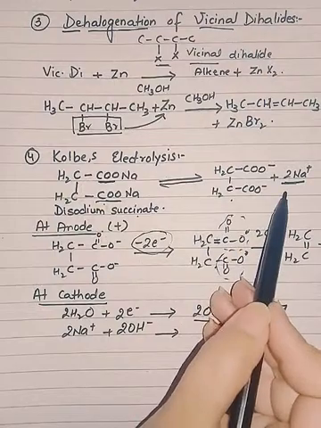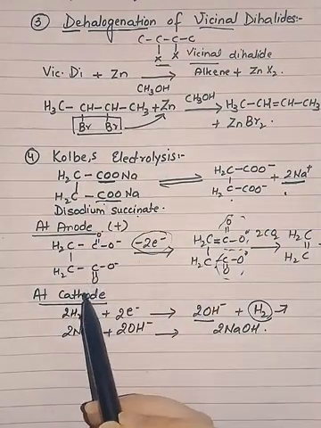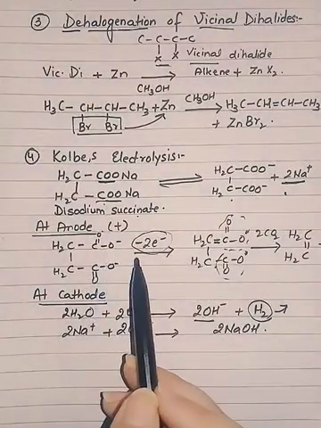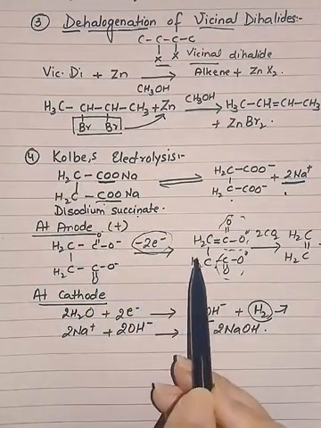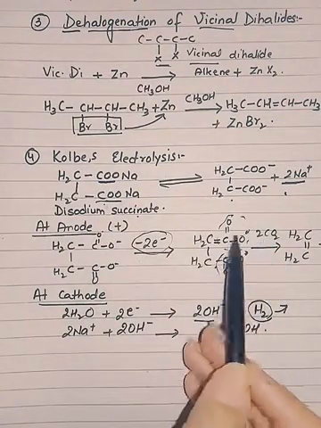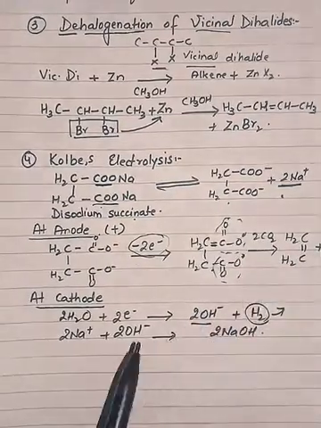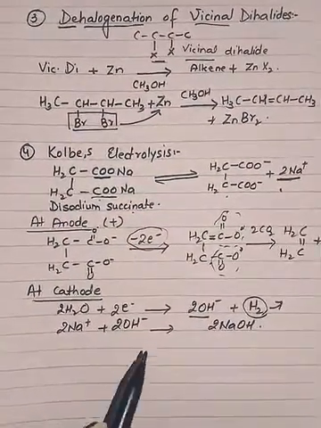The anions will move towards the anode, which is positively charged, and will lose two electrons. Ultimately they will become radicals, and after losing two molecules of carbon dioxide, they will give the required alkene. At the same time, the sodium will move towards the cathode.